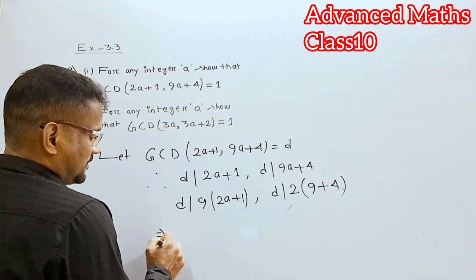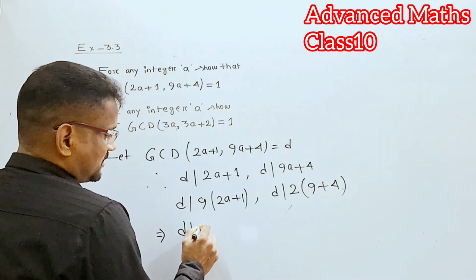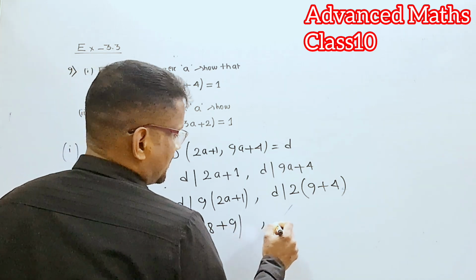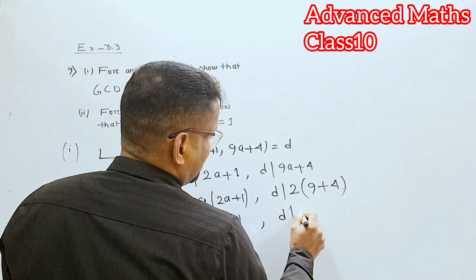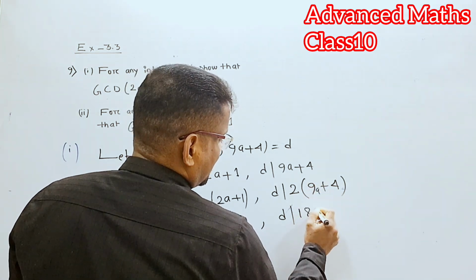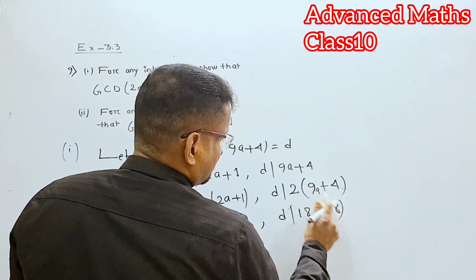That means D divides 18a + 9, and D divides 18a + 8.